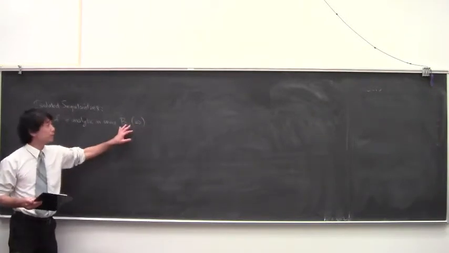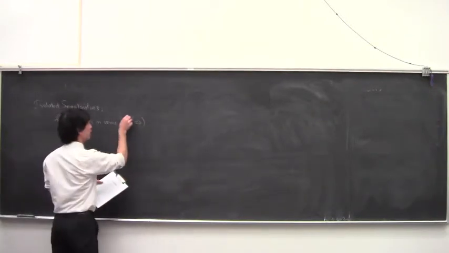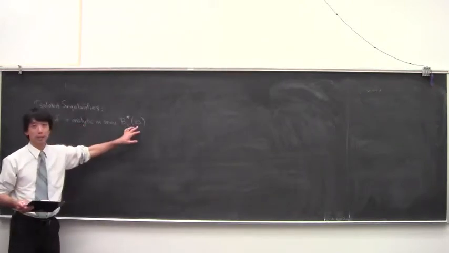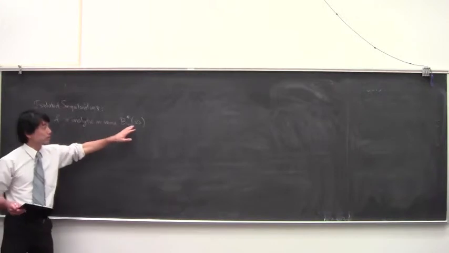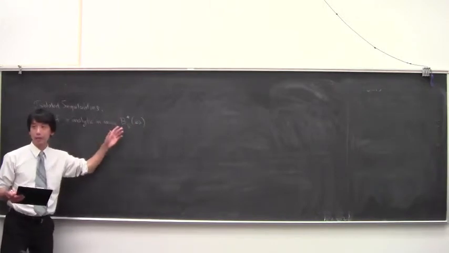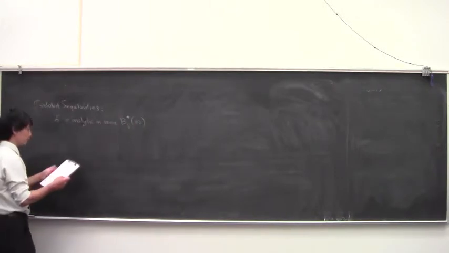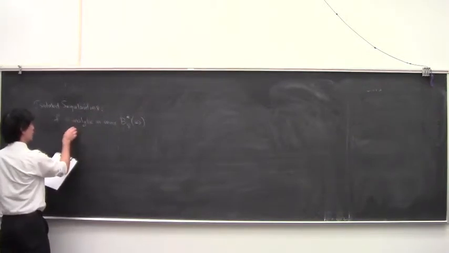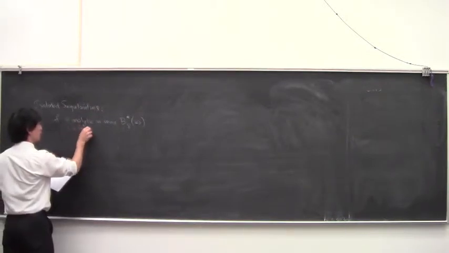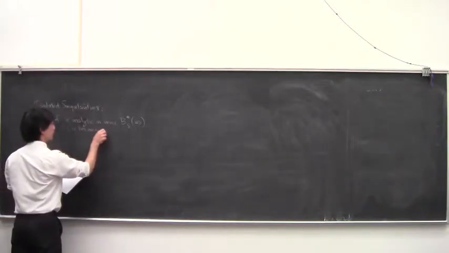You have some disk around the point, and it's analytic in that disk, except maybe at the center. The center point is called an isolated singularity, so in other words, the function has an isolated singularity there.